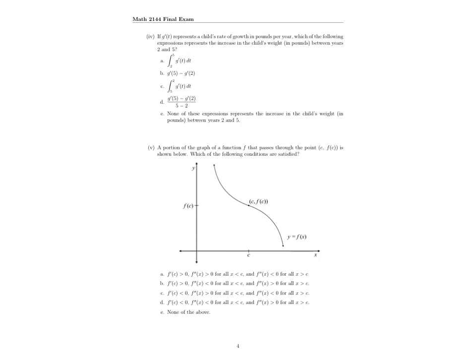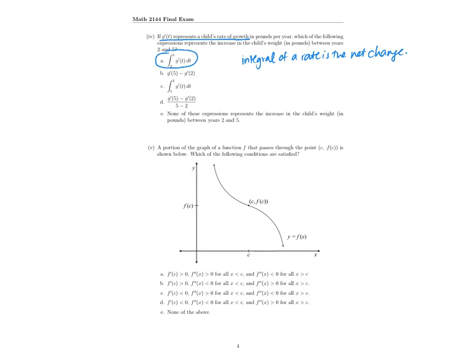And so I think that the thing here is that if g prime of t is the child's growth rate, we know that the integral of a rate is the net change. So if we integrate that rate function from 2 to 5, we'll get the net change. So that would be A. Okay.